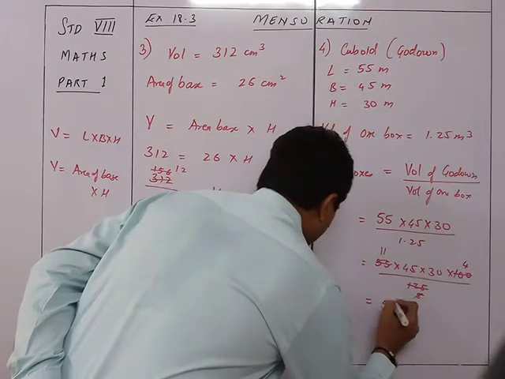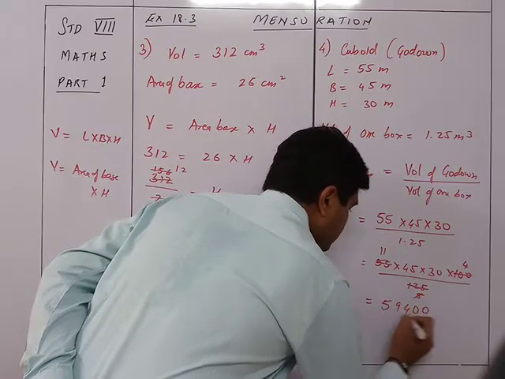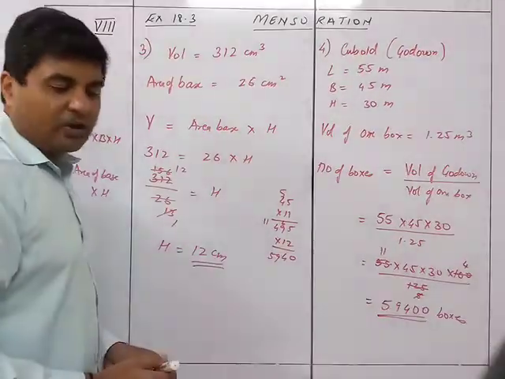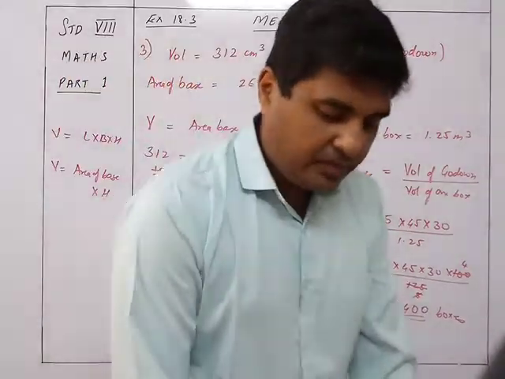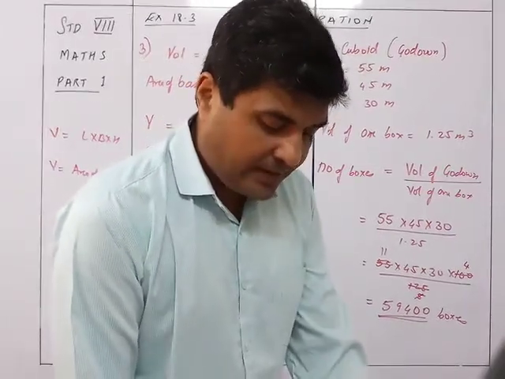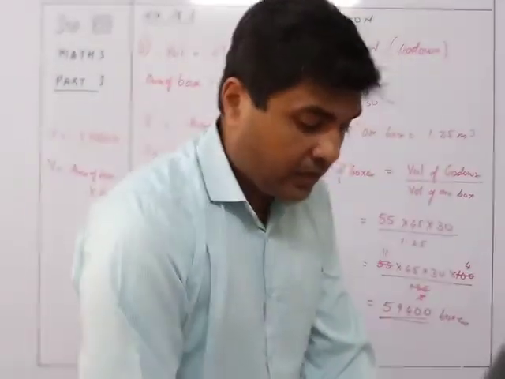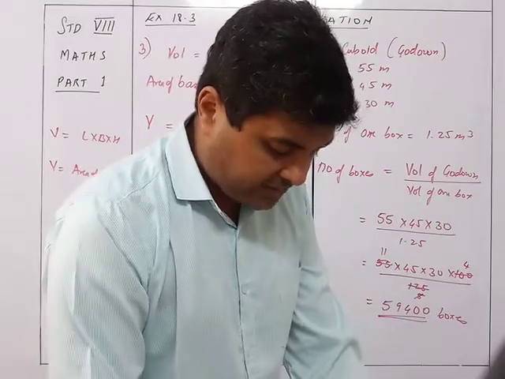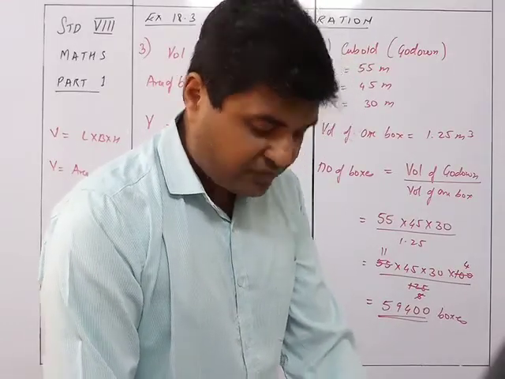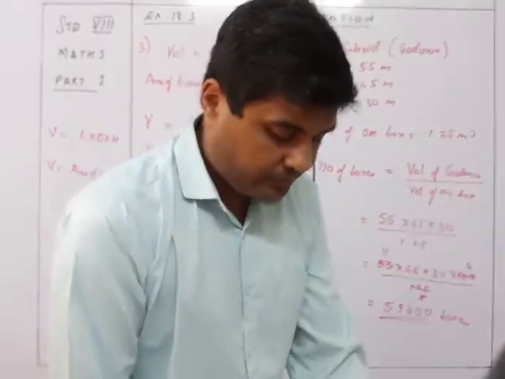So that will give me 59400 boxes. So the number of boxes which can be stored in this will be 59400. I'll just cross-check the answers so that we are sure we are not making a mistake in calculations. Yes, it is 59400.